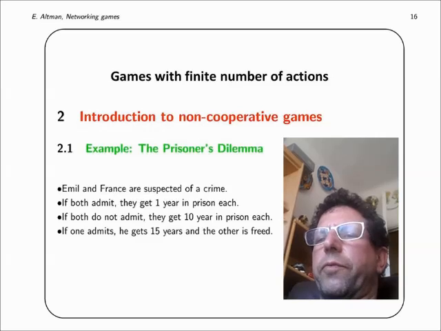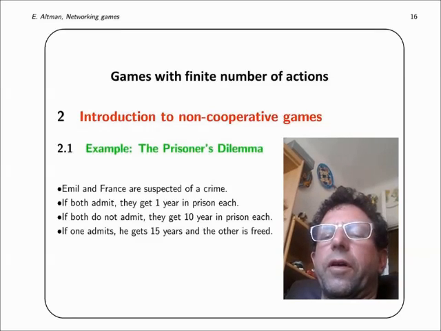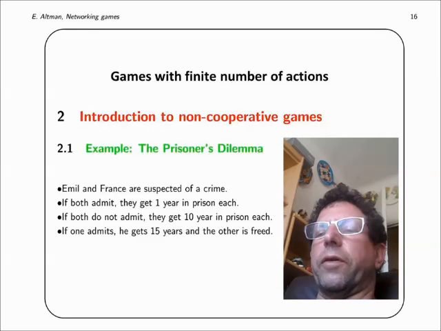Now, if both admit, they will each go 1 year in prison. If both don't admit, they get 10 years in prison each. If one admits and the other doesn't, then the one that admits gets 15 years, while the other one is freed. Here it is assumed that every one of them wants to be as little as possible in prison.